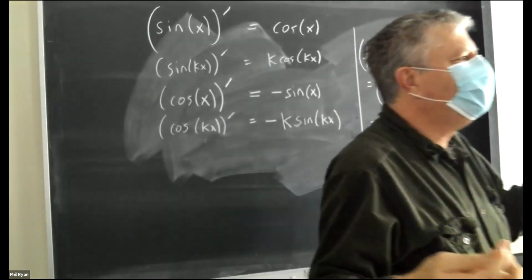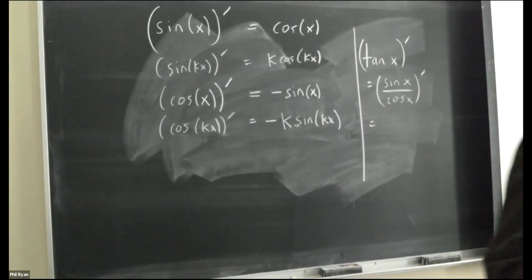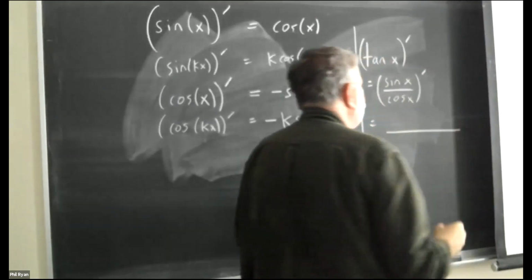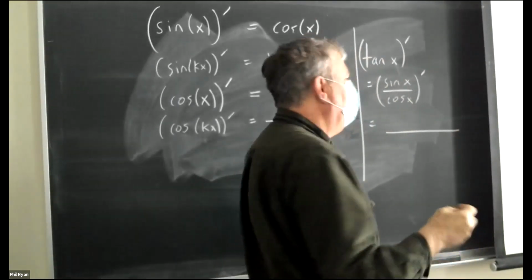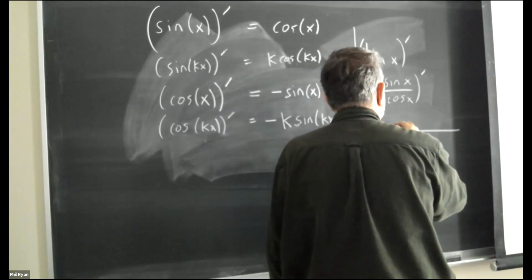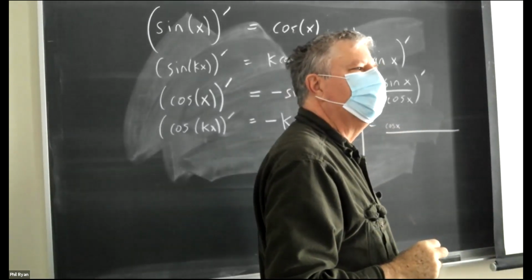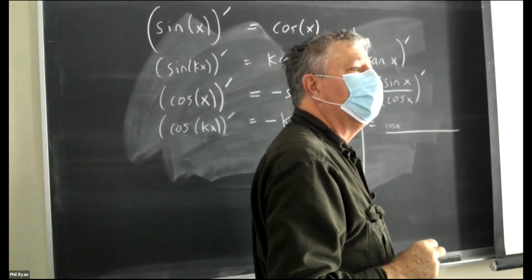Quotient. That's why we did it last, because we can do the quotient. Look, we know. So okay, what is it? Low d high. So cosine x. What's the derivative of sine? Cosine.